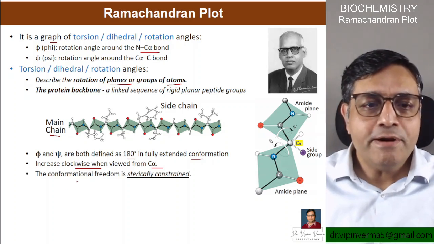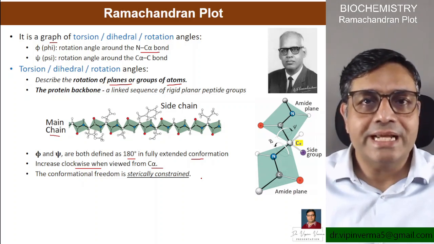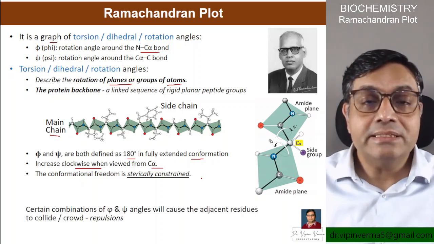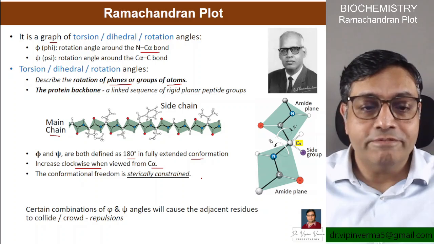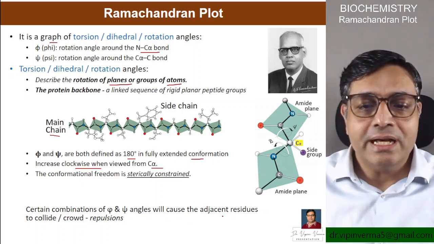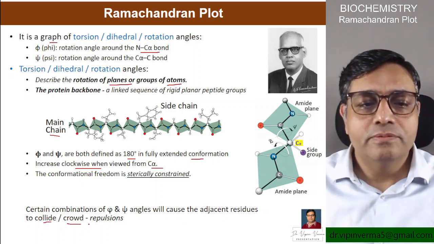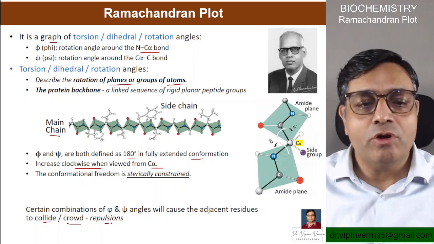Now the conformational freedom is sterically constrained. Sterically constrained means that there are certain combinations of the phi and psi angles that may cause the adjacent residues to either collide or crowd, and when they crowd, they may cause repulsions.